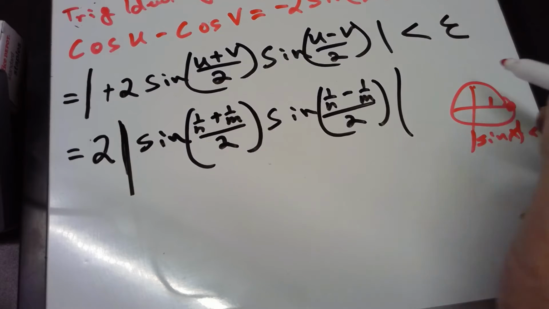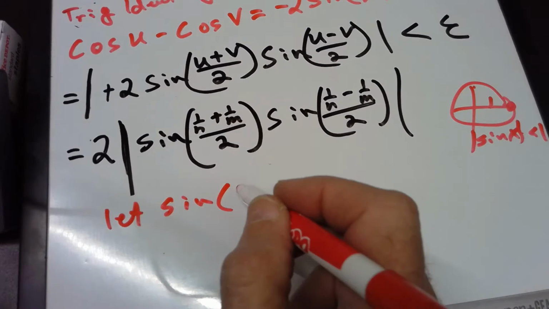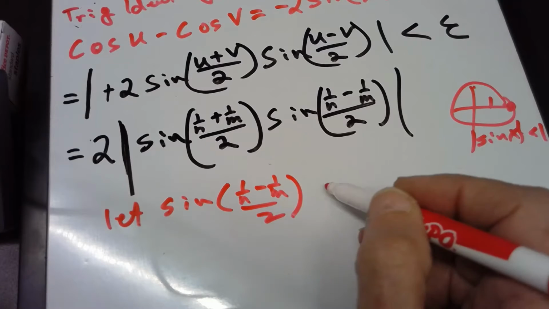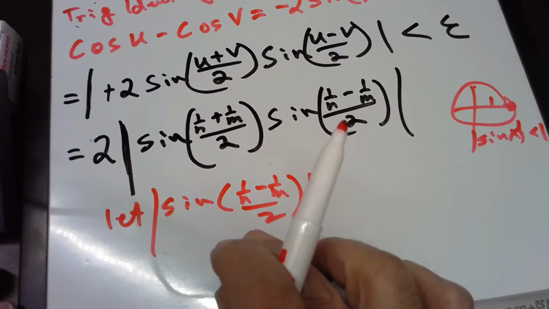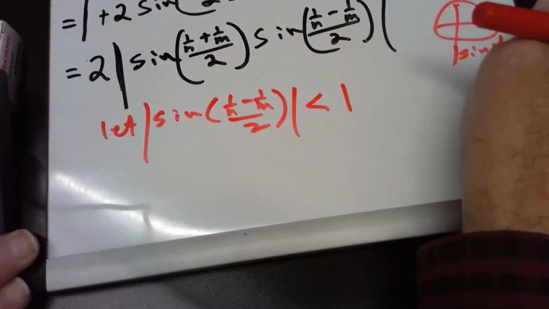So we're going to let the absolute value of sine of (1 over n minus 1 over m) over 2, we can split that, okay, and we're going to let that be less than 1.